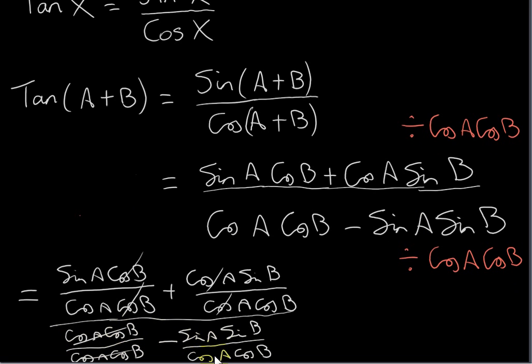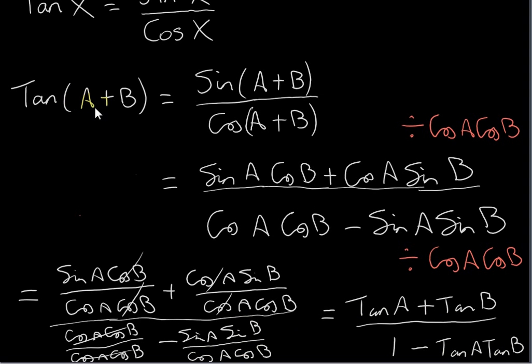And as for here, we have sine A over cos A, well, that's tan A. And we also have sine B over cos B, that's tan B. So we get tan A multiplied by tan B. So what do we end up with? On top here we have tan A plus tan B. And underneath we have 1 minus tan A tan B.